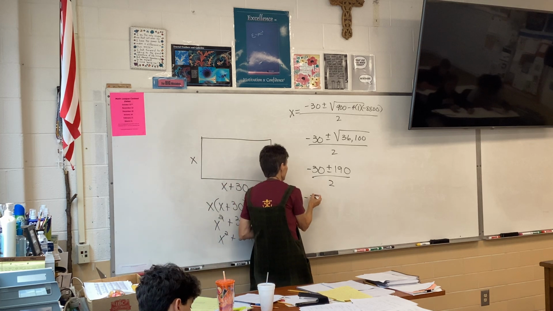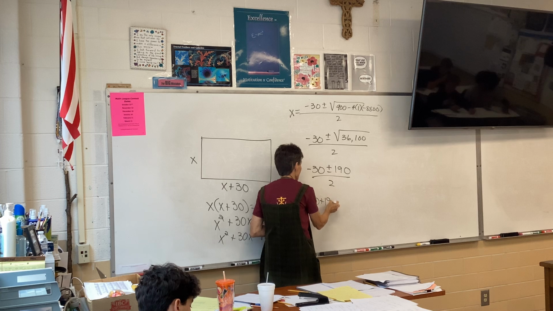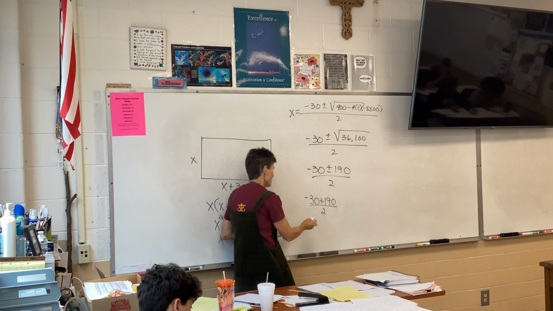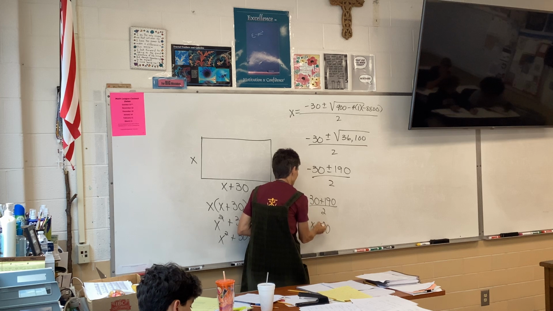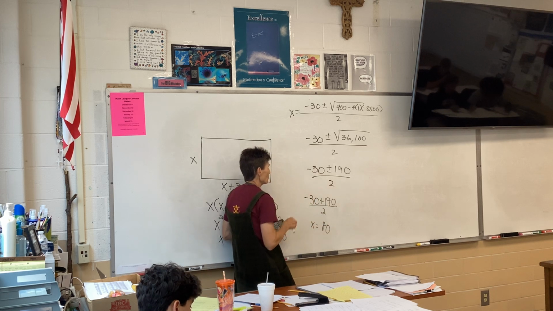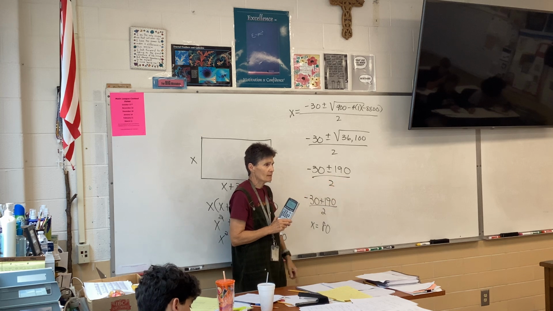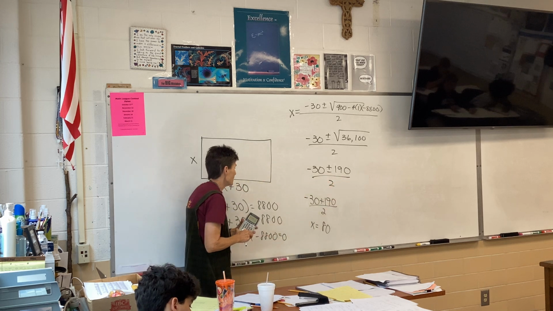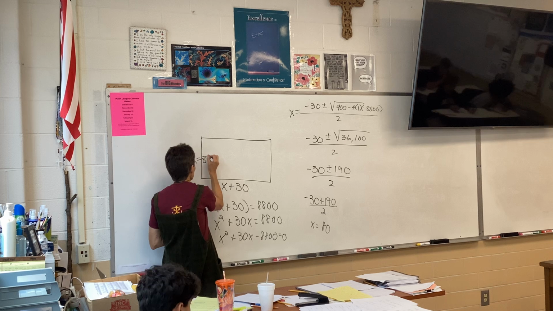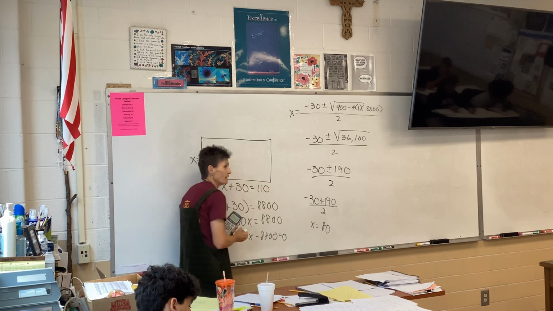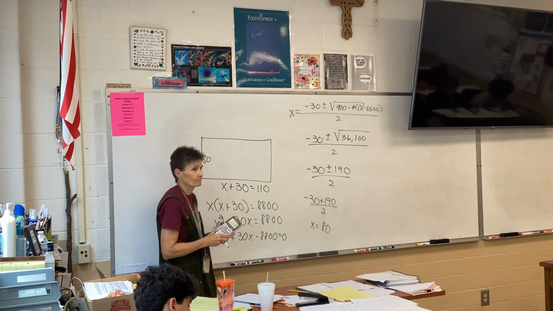So negative 30 plus 190 over 2 would be 80. I don't think I'm going to do the other one, because it's going to turn out to be negative, and we don't want that one. So this field is 80 wide, which would make it 110 long.